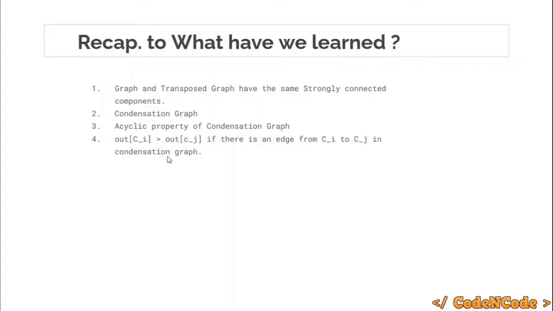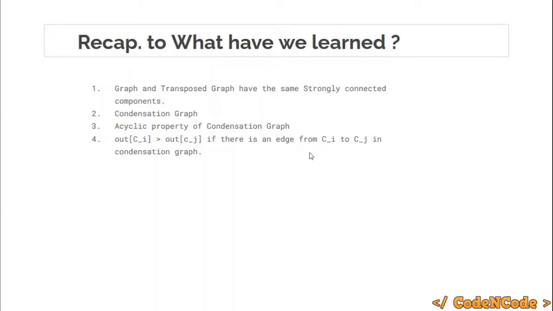We have also proved that the out time of Ci is greater than the out time of Cj, where Ci and Cj are two strongly connected components, if there is an edge from Ci to Cj. Basically, if there is an edge from A to B, then the out time of A would be greater than the out time of B, and we have proved this fact.